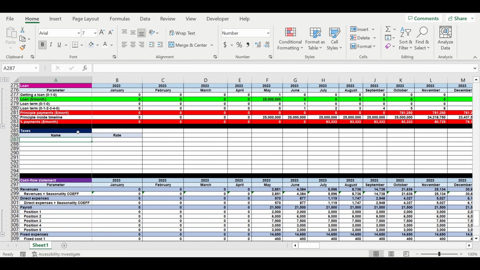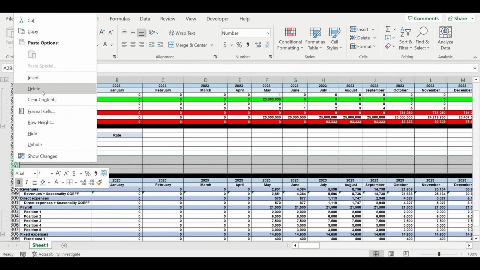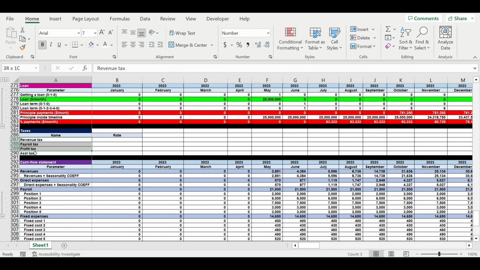So first of all, for example, we have revenue tax, then payroll tax, then we have, for example, profit tax, then we have asset tax, and here we'll put the rates.